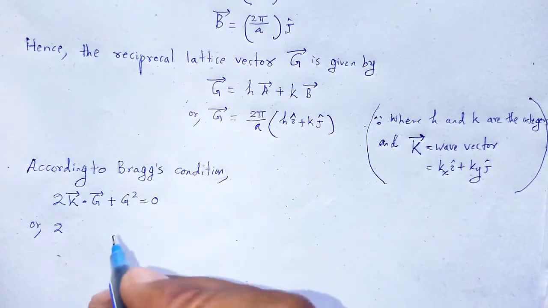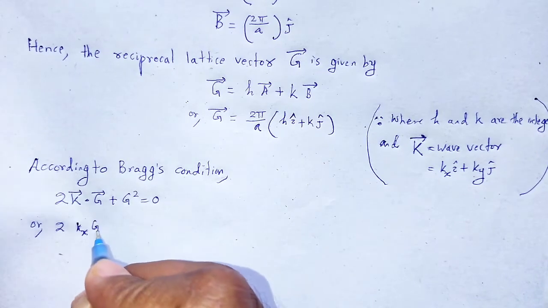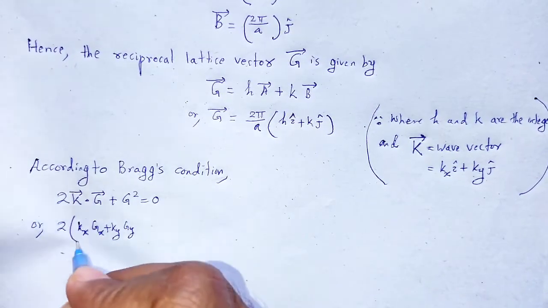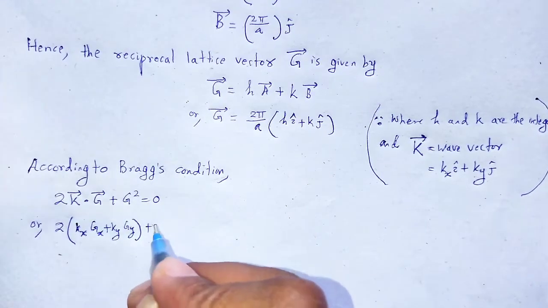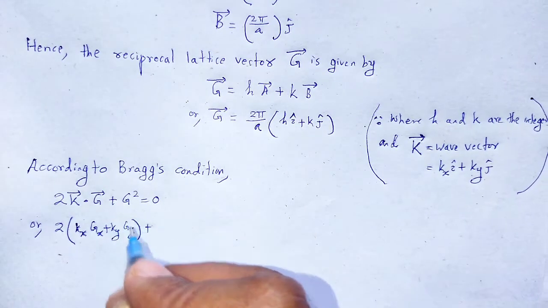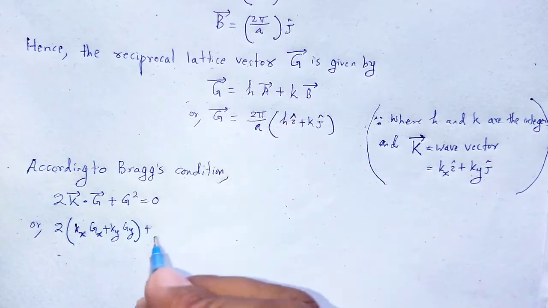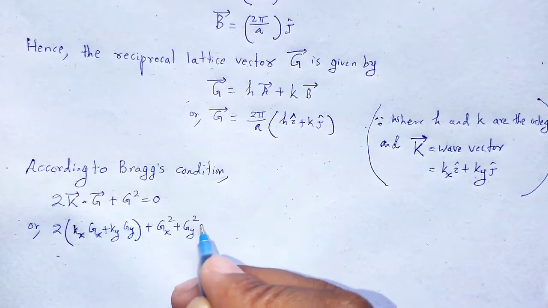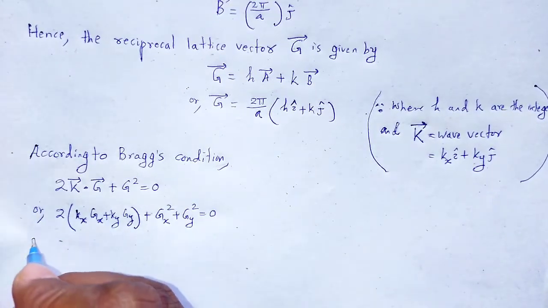So the dot product will be kx gx plus ky gy, plus similarly G square as G vector dot G vector, it will be gx square plus gy square is equal to 0.